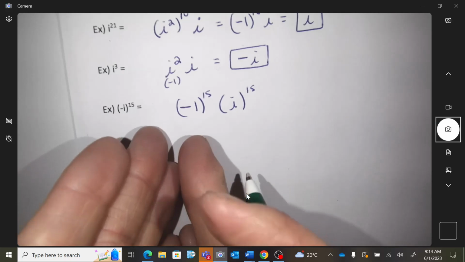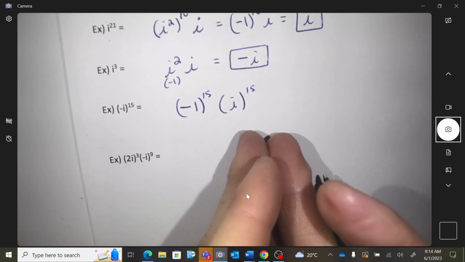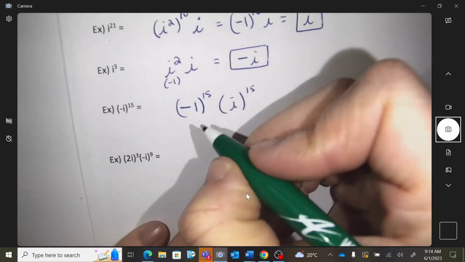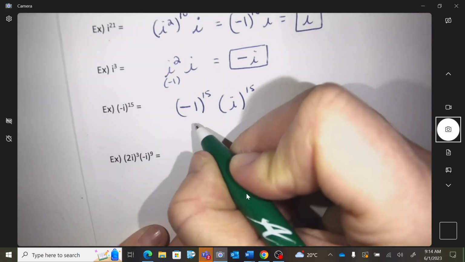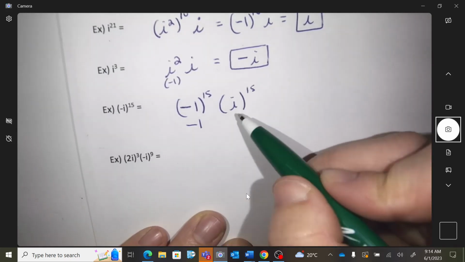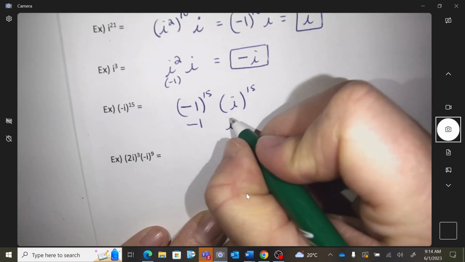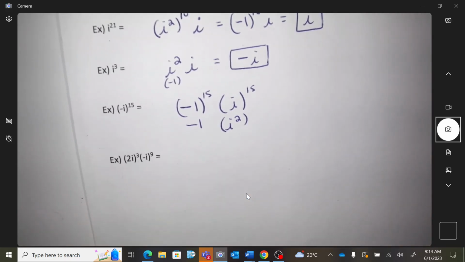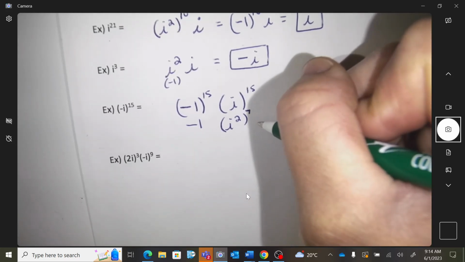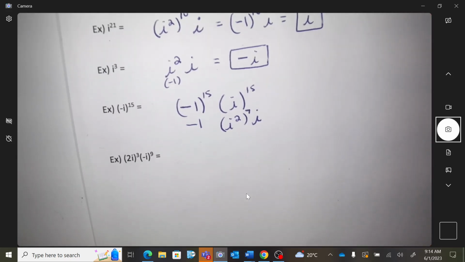So this is the coefficient part, and this is the variable part kind of idea, the i part. So this would be a -1. I'm going to break this down with an i squared. So again, I'm not going to get to 15, so let's try to get to 14. So 7 and an i.